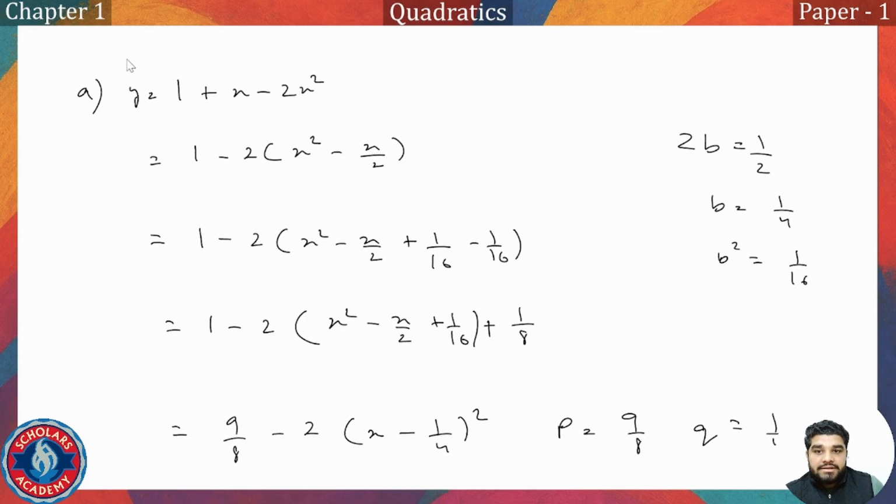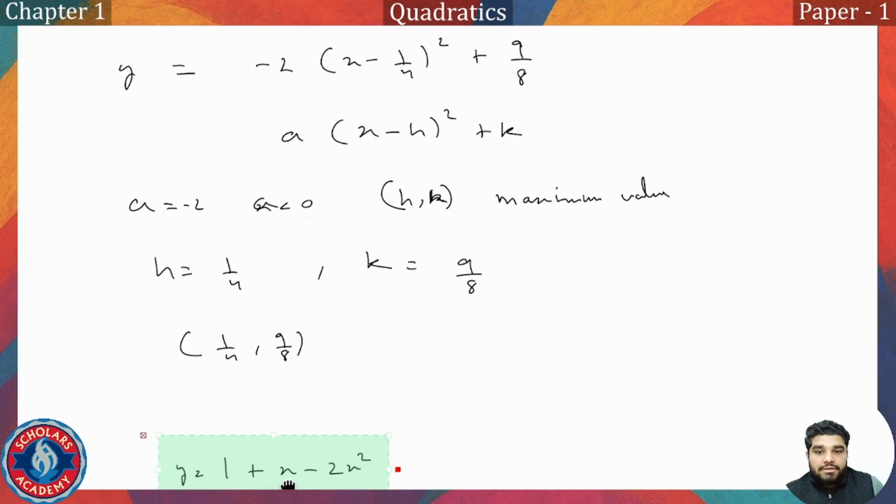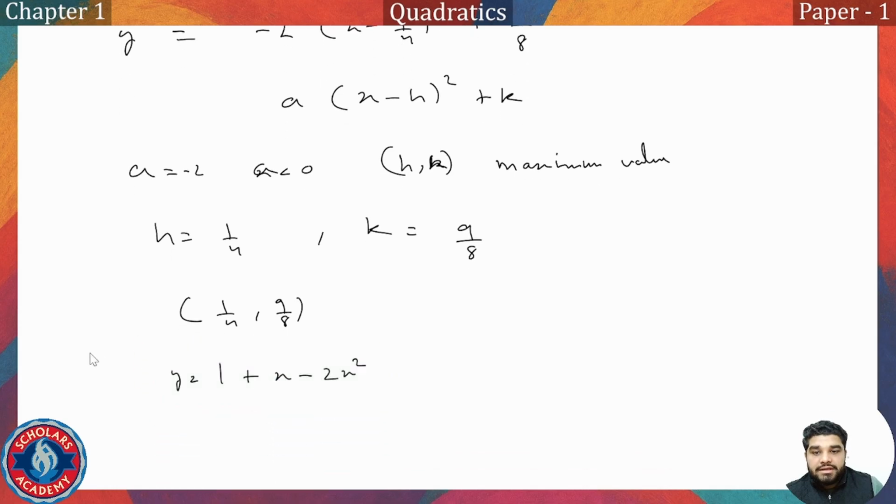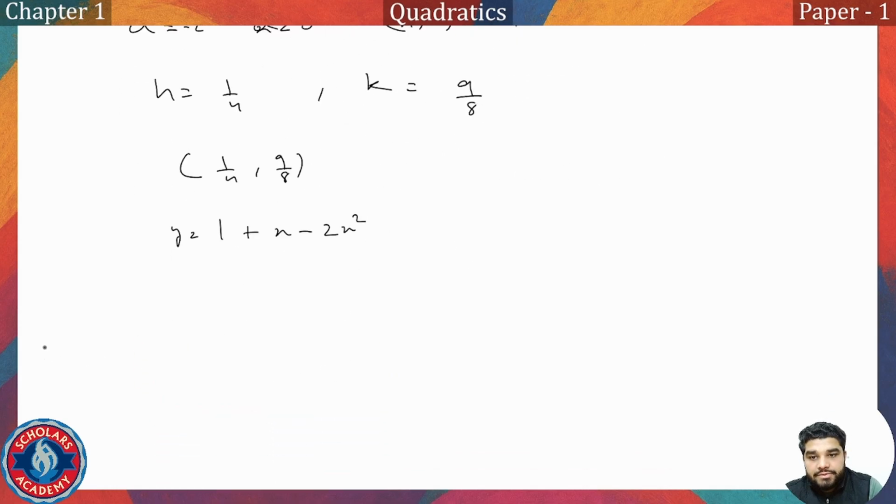So if I take this equation, to find the intersecting points with the x-axis, we'll take y is equal to 0. So we are getting negative 2x square plus x plus 1 is equal to 0. Product is negative 2, sum is 1. That means we can take it as negative 2x square plus 2x minus x plus 1 is equal to 0.